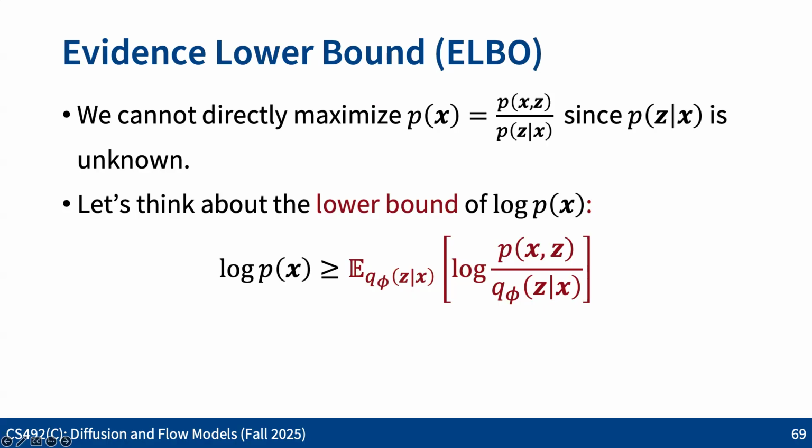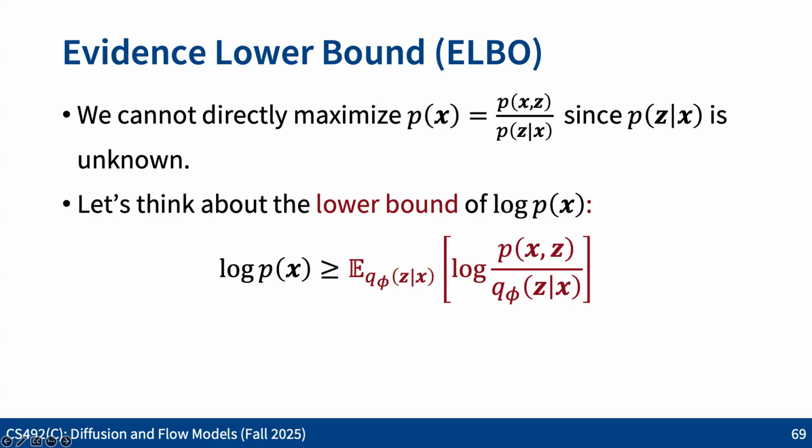What we want to maximize is basically this, right? We want to maximize the probability for the data point here. But since we cannot directly compute this, we are going to consider the lower bound of this probability, which is defined like this.